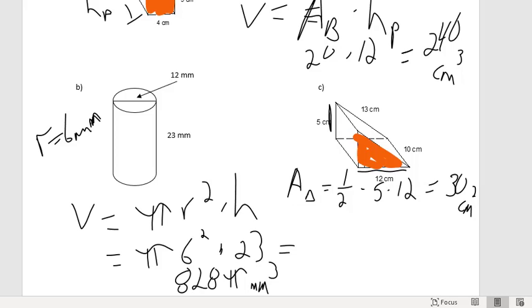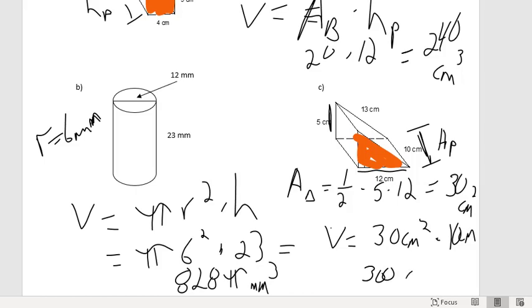All right, and then our volume is going to be 30 centimeters squared times the height, which is the height of the prism, HP, which is 10. So 30 times 10 is 300 centimeters cubed is our volume of that triangular prism.